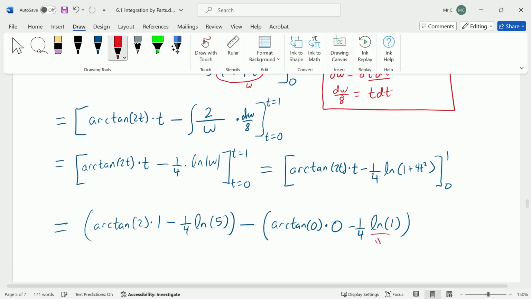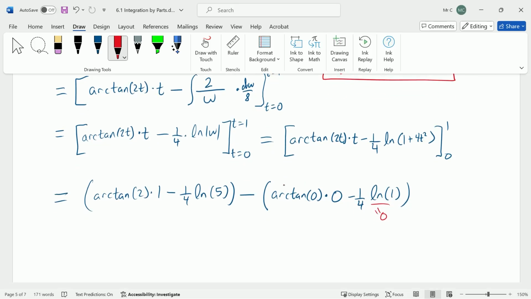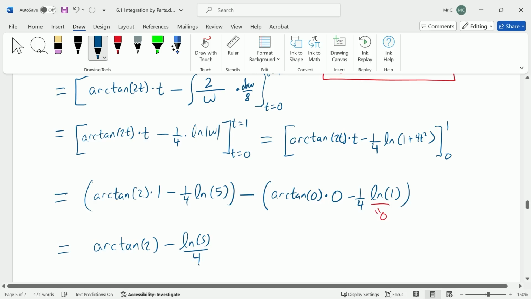And we know ln of 1 is 0. Arctan of 0 is also 0, but it's also being multiplied by 0. So regardless, this whole second expression is going to be 0. And so we just get left with arctangent of 2 minus ln of 5 over 4. All right, that's it for that one.